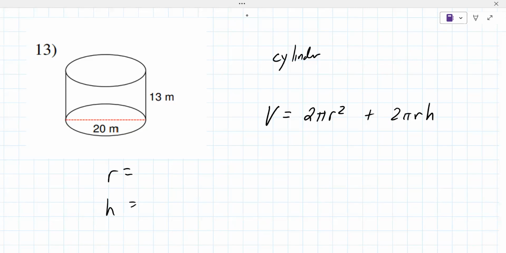And if you do, could you tell me those values? The radius would be 10 because it'd be half of the diameter. Good. Then the height is 13. 13, good. Okay. So from here, why don't you put those numbers into the formula? And again, you can just leave the pi out until the end.